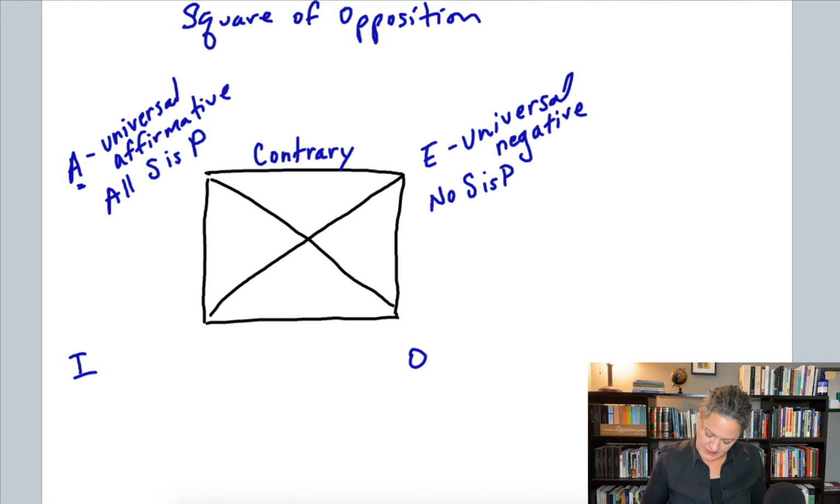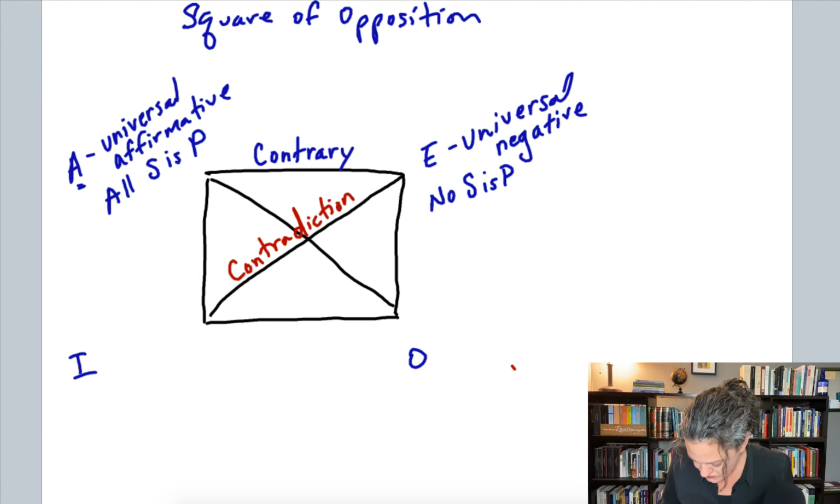Now, the relationship I pointed out last time, the one I really want you to know about is the contradiction. And that's these diagonals. I'll say CTD as an abbreviation for contradiction. If I said no iPhone is Apple made, what would you do to show me that's a mistake? You would show me some, right?